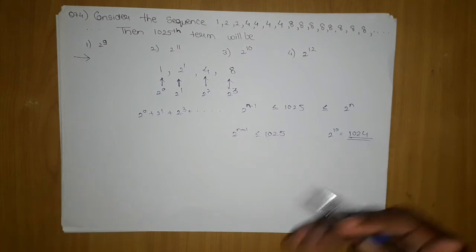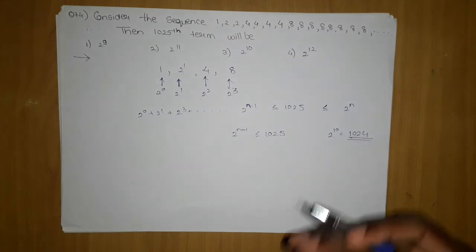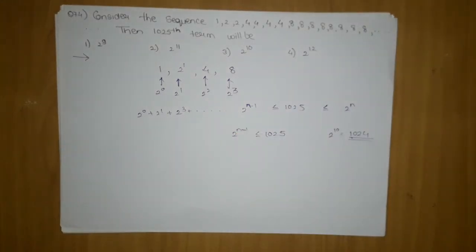We are taking a nearby value: at 2 power 10, among the bundle of terms which will appear in that series, there will be the 1025th term. Hope you have understood what we are telling. So at the 2 power 10 term, there will be a bundle of terms in which the 1025th term will lie.